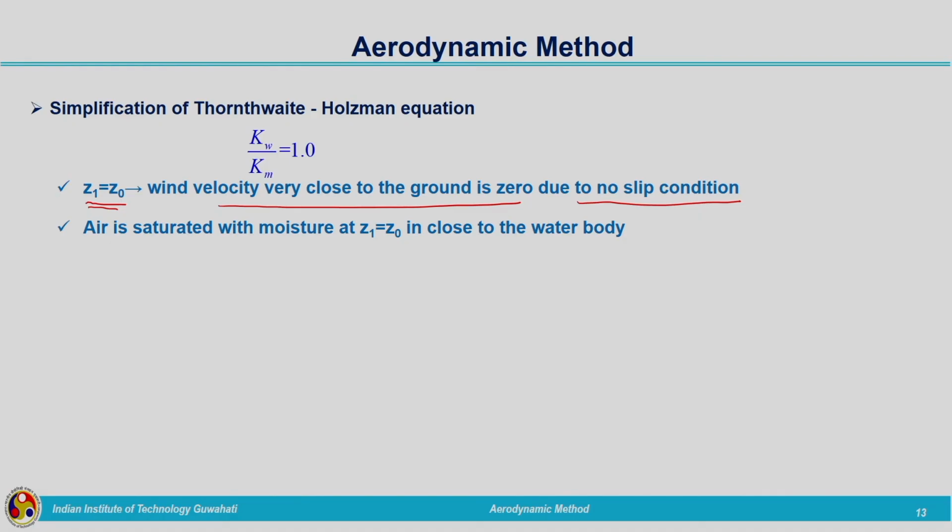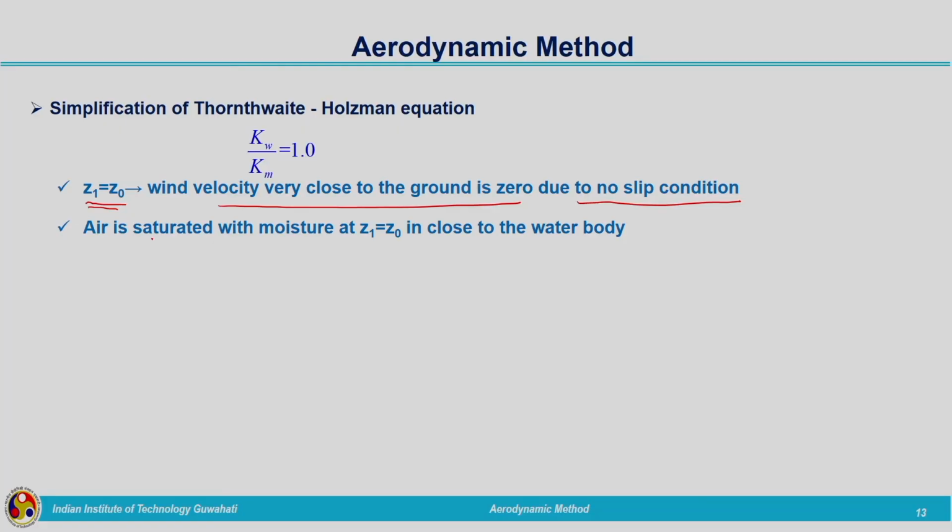There the air will be saturated, because more and more water vapor is added continuously. So, the air is saturated with moisture at Z1 equal to Z0, very close to the water body.